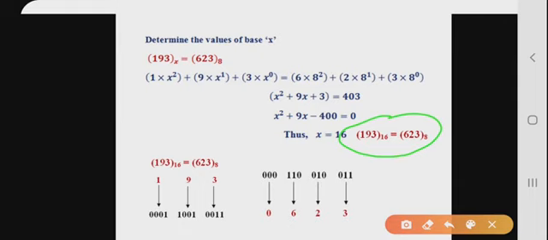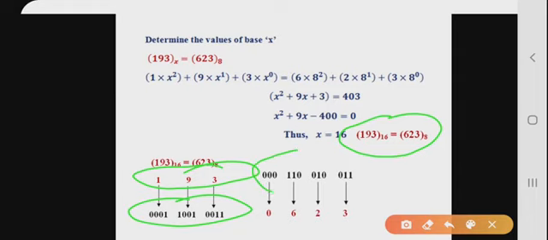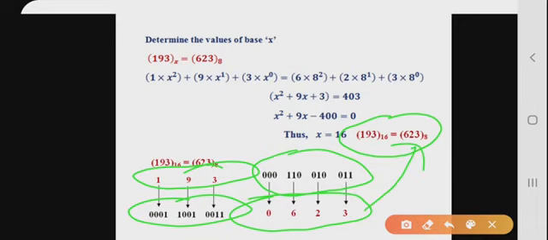Also 193, which is the hexadecimal number, is equivalent to the corresponding binary, and after that this binary can be split into groups of 3 binary bits, and corresponding to each 3 binary bits the octal number can be found, that is 623. So 623 is the same as 623.